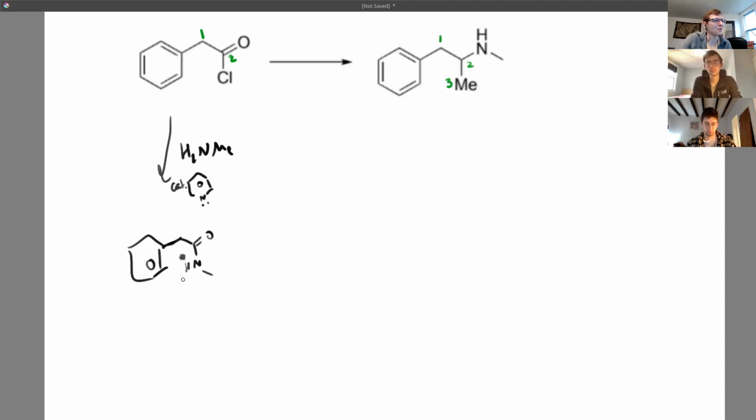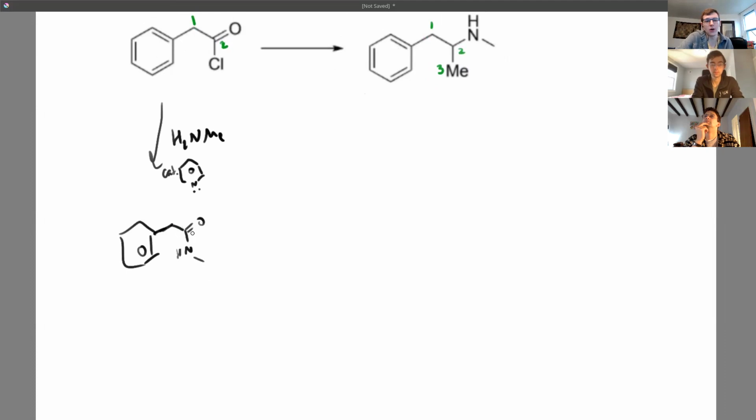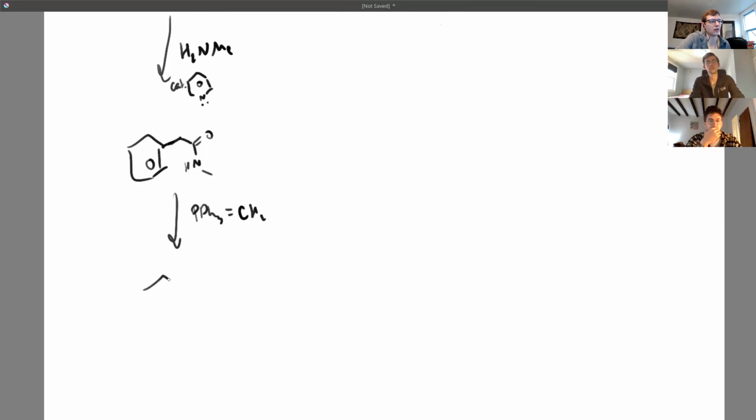So my thought was, because from here, all you need is to get a methyl on this carbon. That's the entire goal. So my thought was, okay, how do we replace carbonyls with carbons? Use the Wittig reaction, right? And so you could use PPh3=CH2, right?